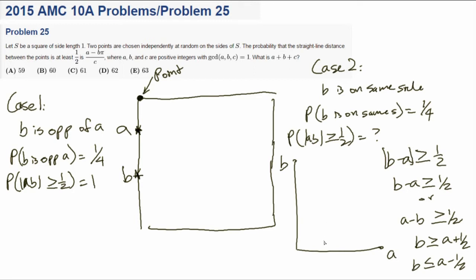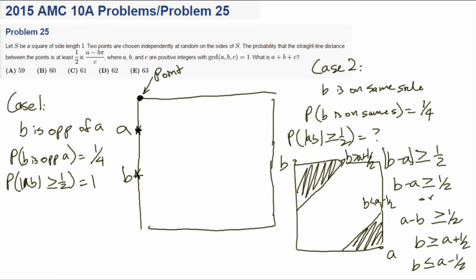And if we actually plot this on the graph, we get something like this. So this is B greater than A plus 1/2, and B less than A minus 1/2.